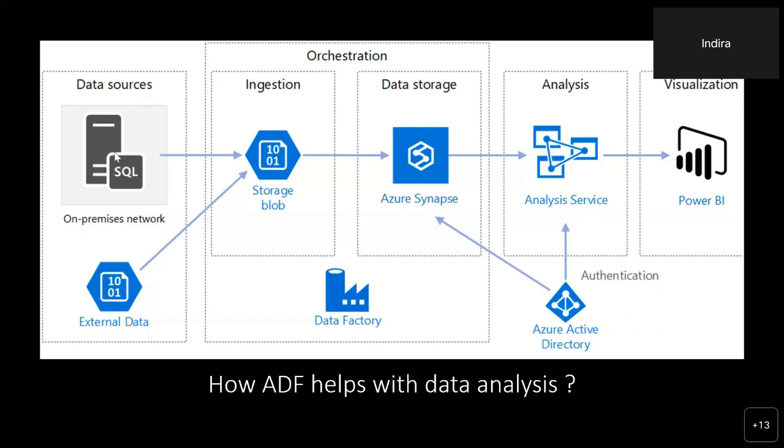So what we do is we ingest those from different data sources, and that ingested data can be stored in a storage blob. The orchestration is done either using the ingested data in a storage blob, or you can use Azure Synapse for data storage.